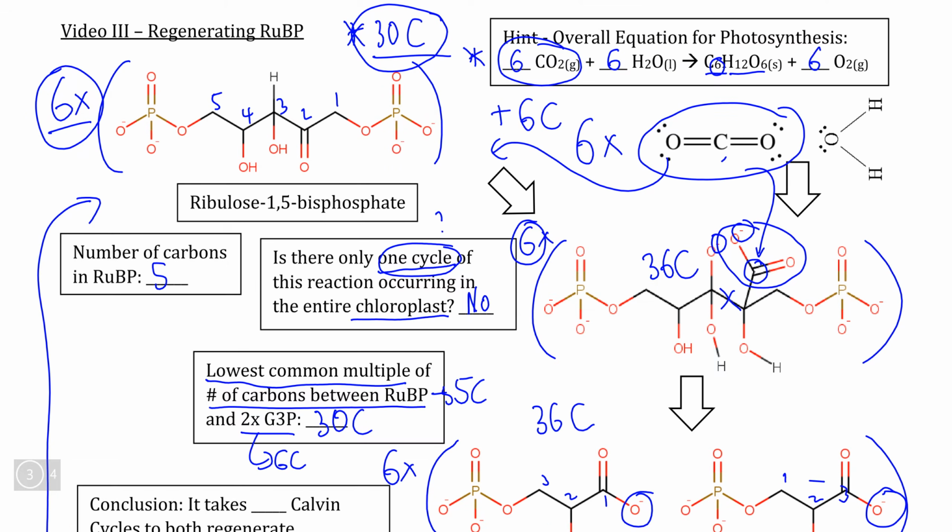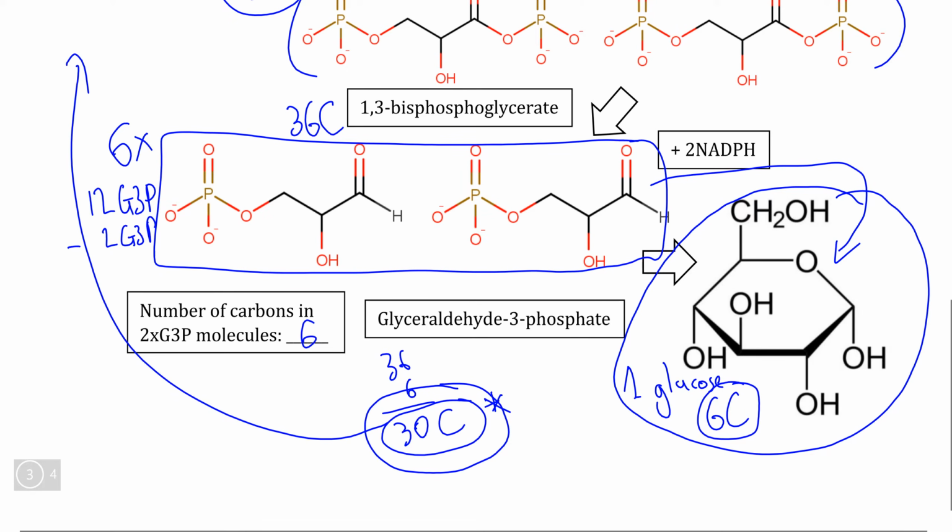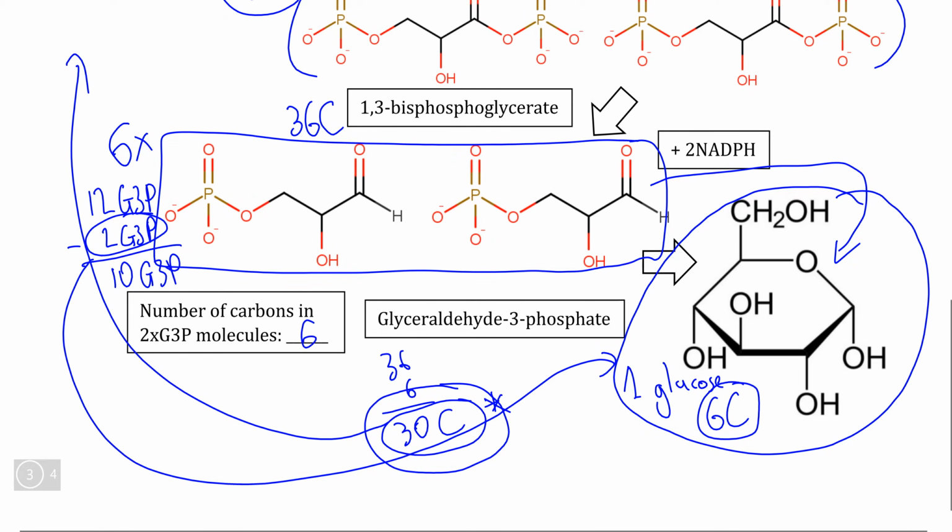Now, a different way that we can look at this is by actually counting the number of G3P molecules that we have. So if we did 6 Calvin cycles worth, we would have 12 G3P molecules. Now, we're going to subtract 2 G3P molecules from this because we need those to make glucose, meaning that we will have 10 G3P molecules left over, which again have a total of 30 carbons.